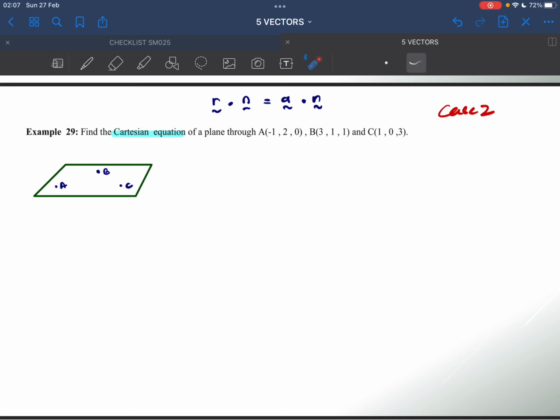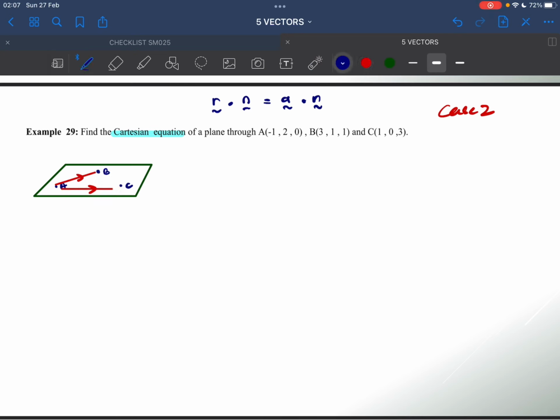So what we have to do is find the direction vectors. Okay, so what we have to do here is find the direction vector of AB and AC. Okay, you can also choose BA to BC, and you can also choose CB to CA. It doesn't matter as long as it starts from one same point.